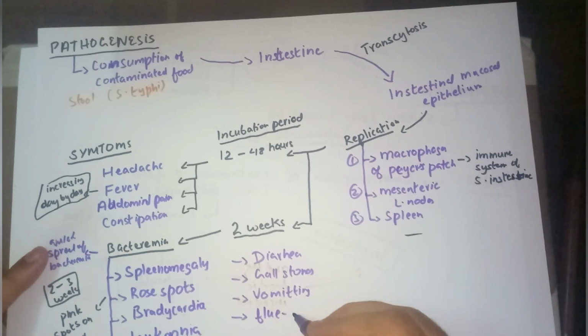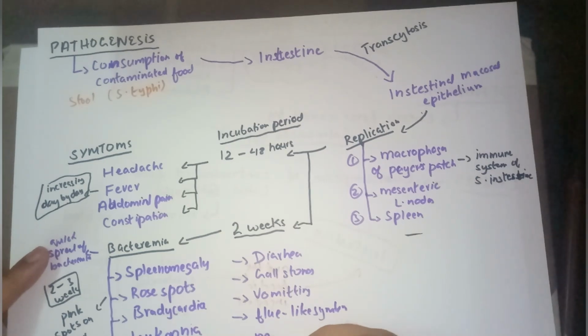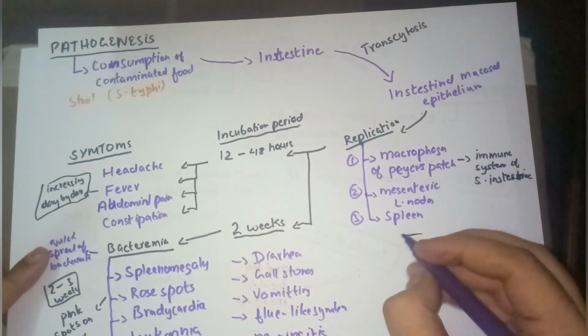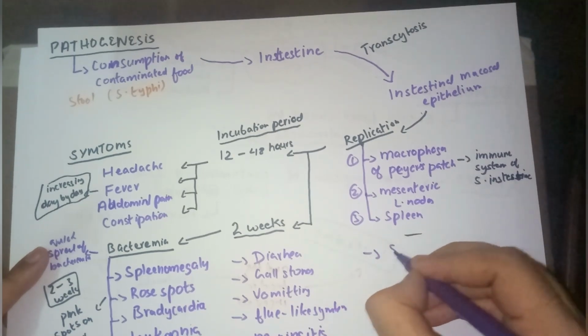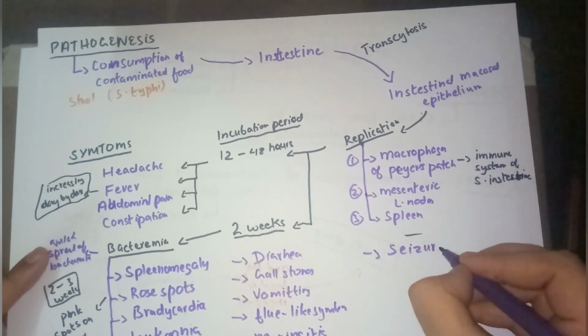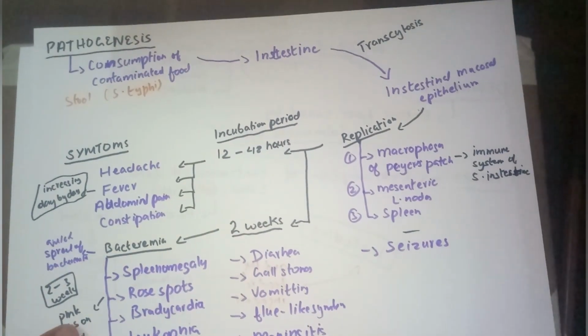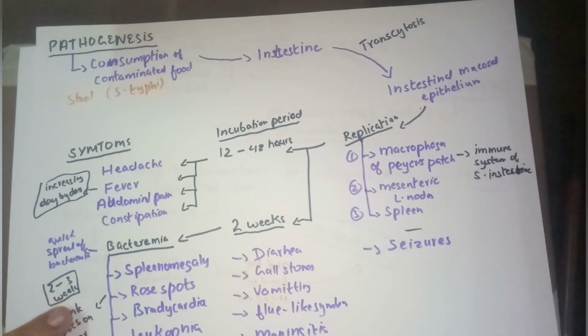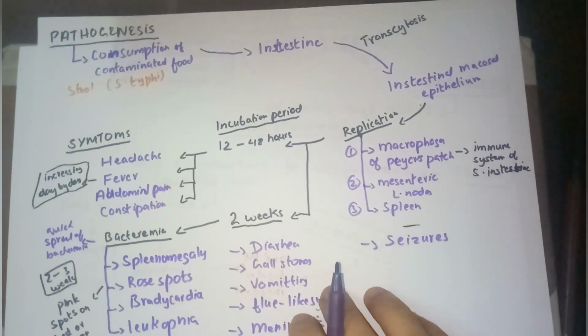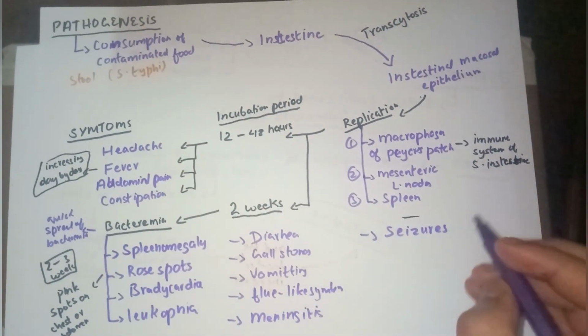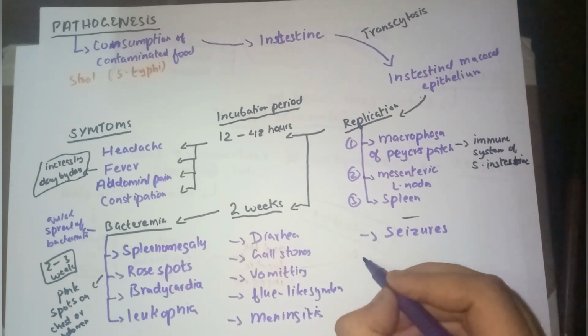Flu-like symptoms, and meningitis. Okay, no, not okay, it's not done yet. Seizures, because it will start to do central nervous system damage as well. Meningitis, seizures. You must be thinking I am joking that it will cause so many complications after bacteremia, but it is real.